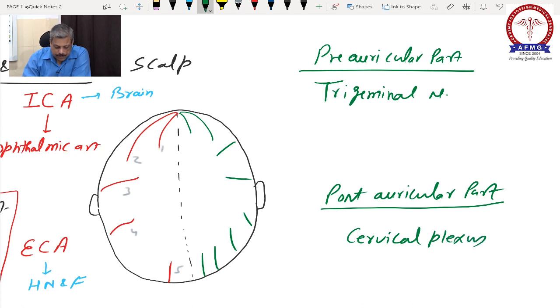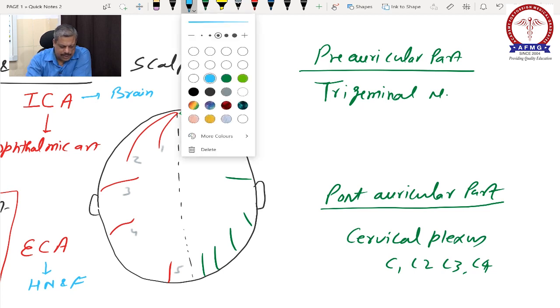The root value of the cervical plexus is C1, C2, C3, C4. I am not telling you the names of these individual nerves. Clear? No need to remember these. Remember the simple thing: the post-auricular part is supplied by the branches of the cervical plexus, and the root value of the cervical plexus is C1, C2, C3, C4.